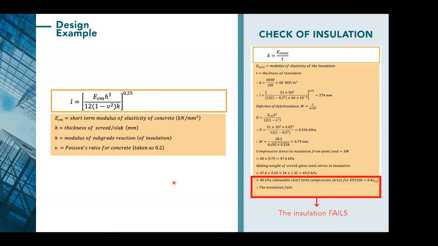Again, we're looking at our k values, plugging in all the information that we have from our projects, and looking at the compressive stress from the point loads. We know that for the insulation, if it's an EPS 100, our DOP would state that the compressive strength is 100 kilonewtons per square meter, or 100 kPa.